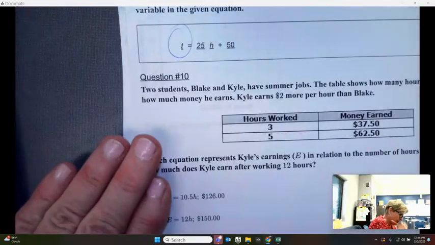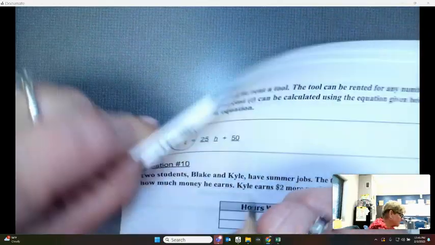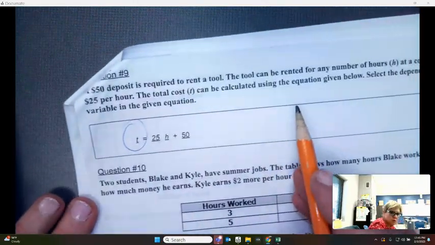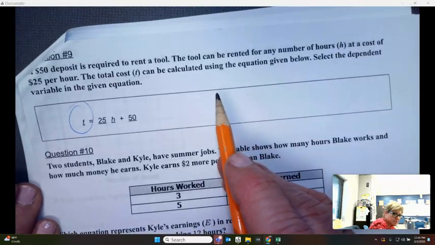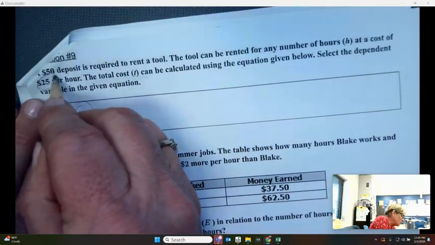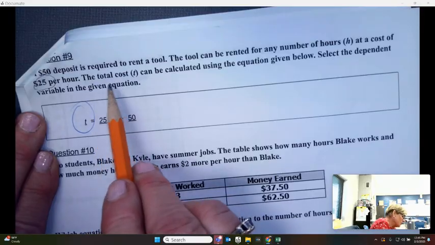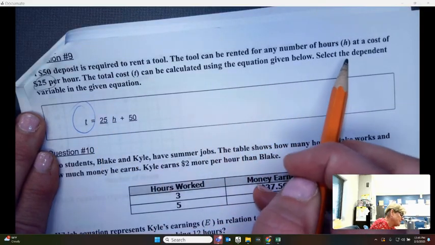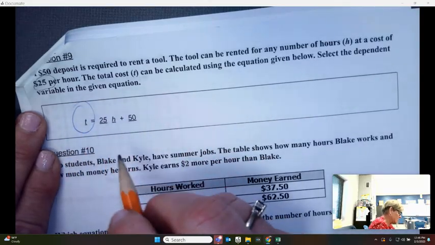All right. Let's look at the next one. Number 9, it says a $50 deposit is required to rent a tool. The tool can be rented for any number of hours at a cost of $25 per hour. The total cost, T, can be calculated using the equation given below. Select the dependent variable in the given situation.